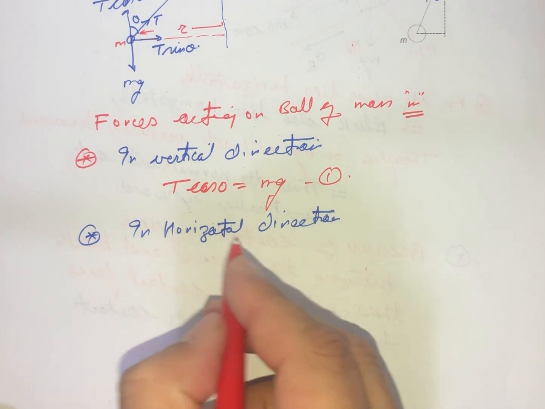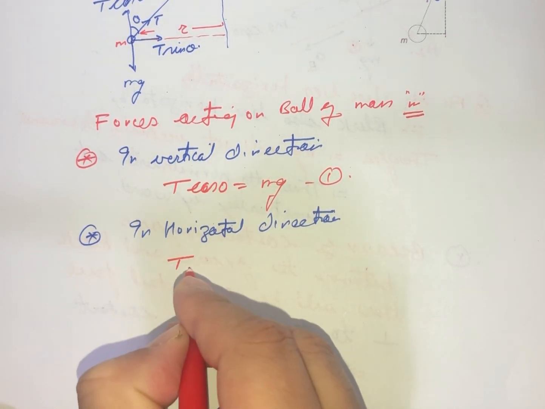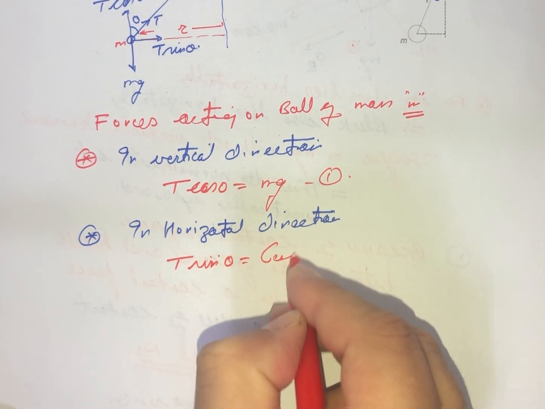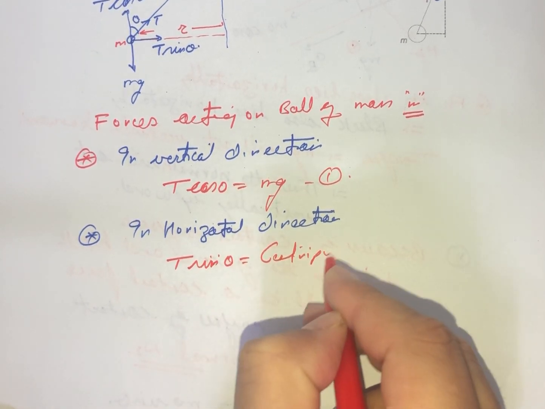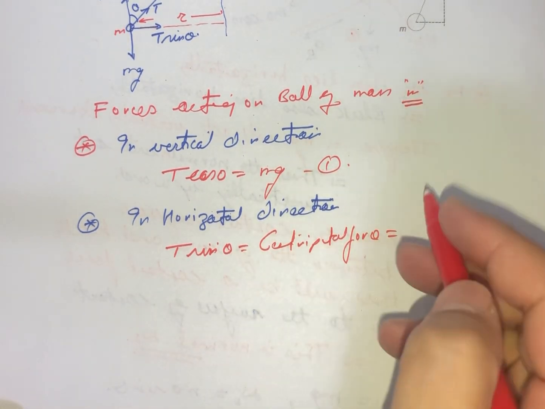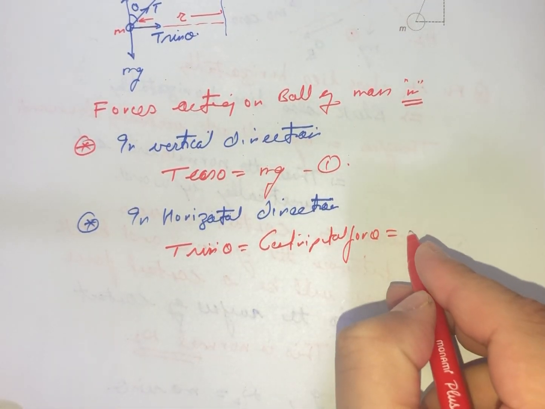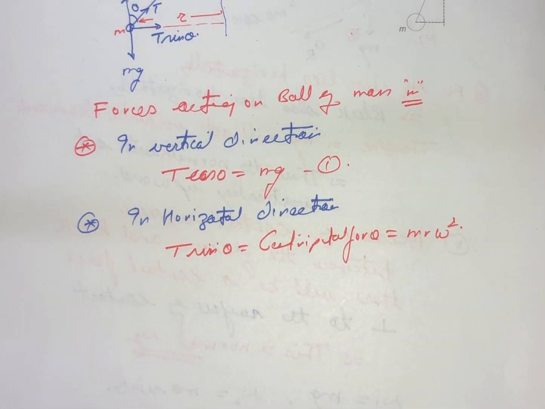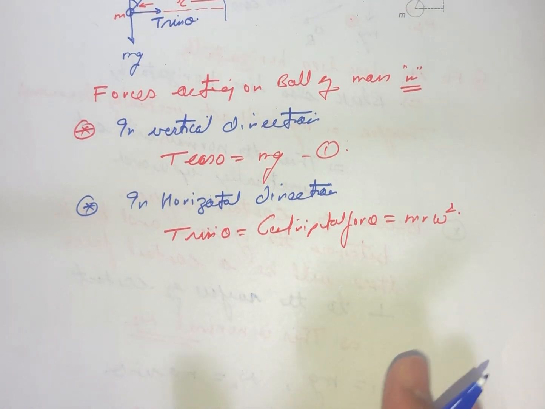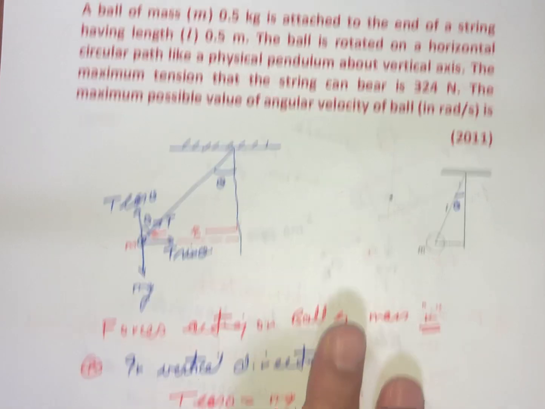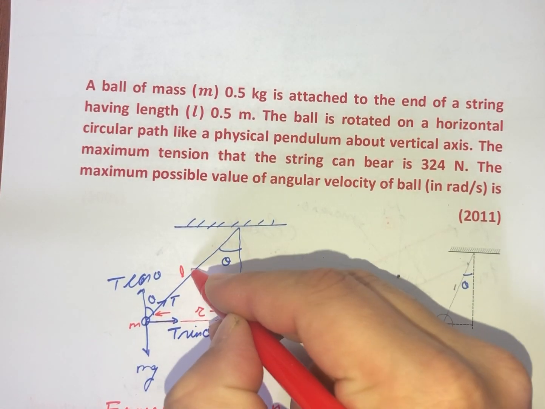So T sin theta will be equal to the centripetal force, and this will be equal to m r omega square, where omega is the angular velocity, which we are supposed to find out, and the length is given as L.